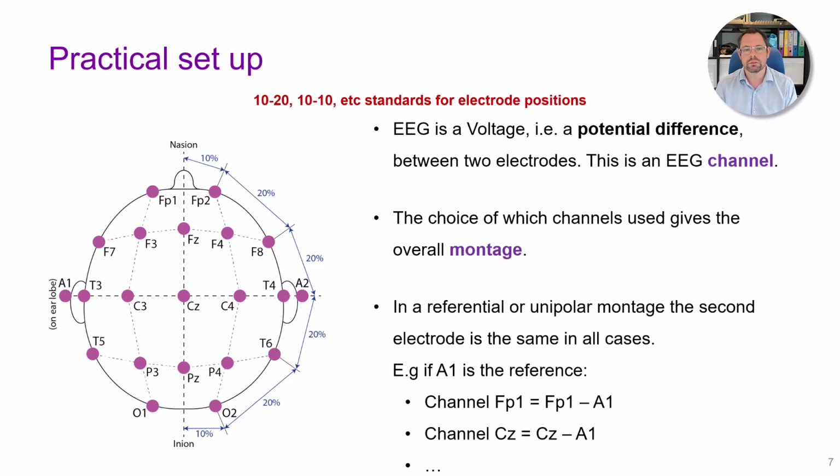We're measuring the voltages that are present on the surface of the scalp. Another word you might remember from your physics classes for voltage is potential difference. So it doesn't make sense to say the voltage here is 10 or whatever. What we have to say is the difference between two different points. And so to get one EEG channel, we need to put on two electrodes.